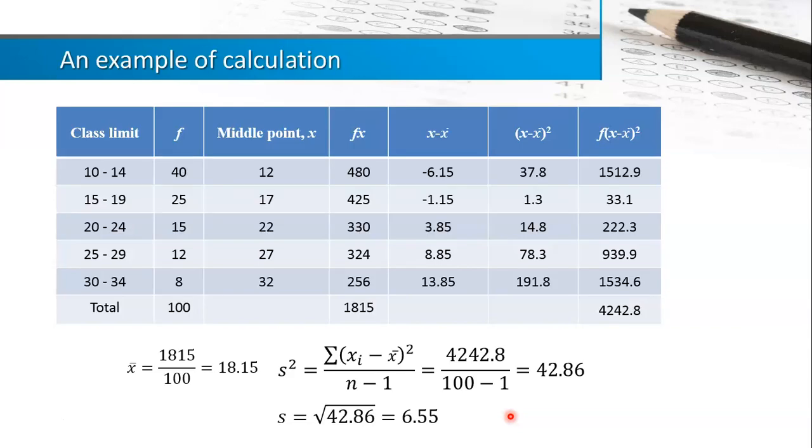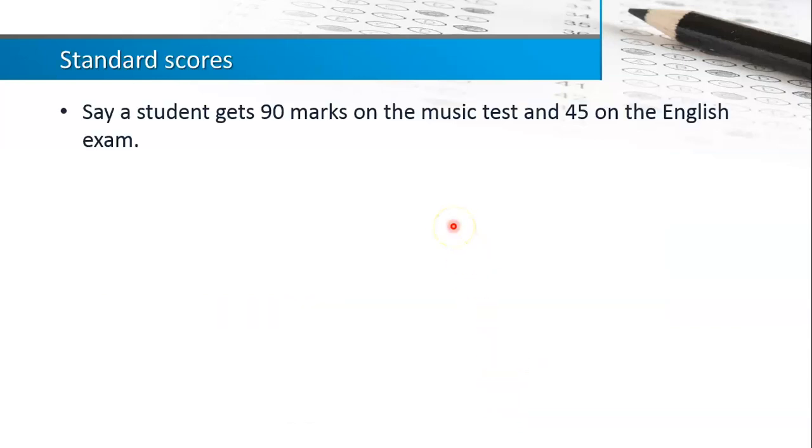So why do you want to calculate the variance and standard deviation, especially the standard deviation? Because we want to look for the standard scores. But why do you want to use this standard score? For example, say a student gets 90 marks on the music test and 45 marks on his English exam.